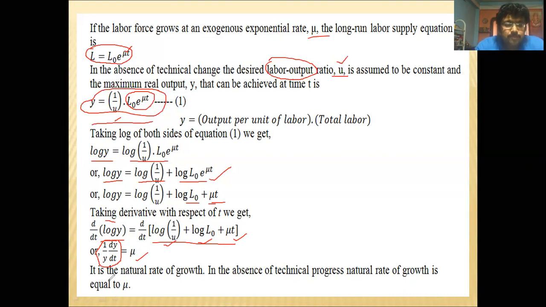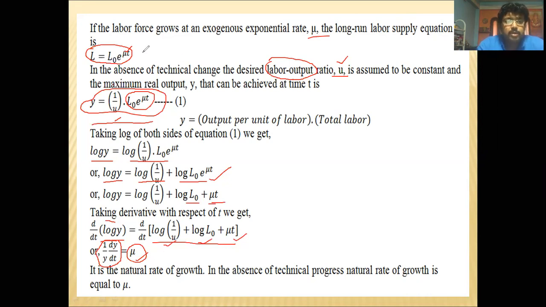So what we get is the natural rate of growth. What is the natural rate of growth? The natural rate of growth is equal to mu. Mu is the rate of growth in the labor force, at which the labor force is increasing.